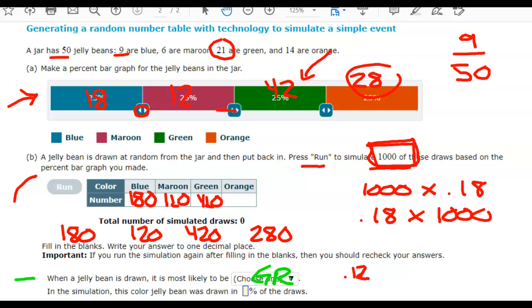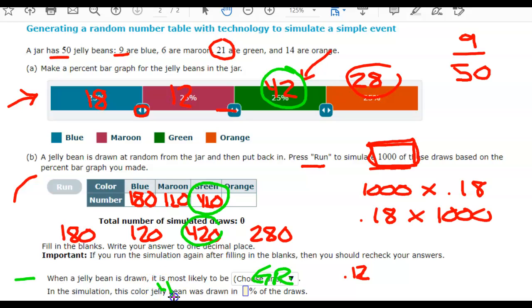And in the simulation, this color jelly bean was drawn in what percentage? Okay, so in what percentage, you guys? Well, 42% of the time, right? We already said that the green ones were going to be 42%. You can also figure that out because you can do 420 divided by 1,000.